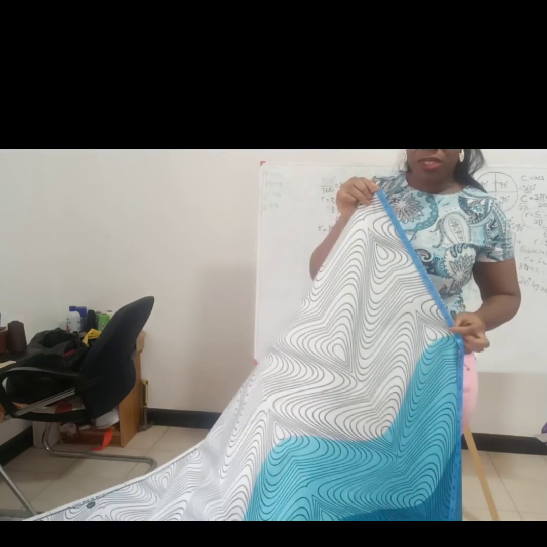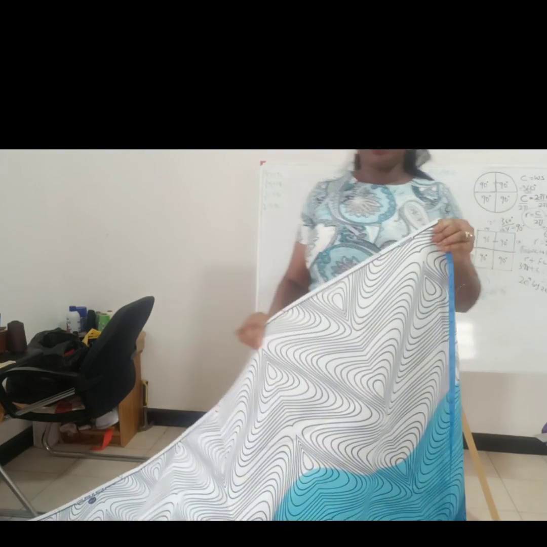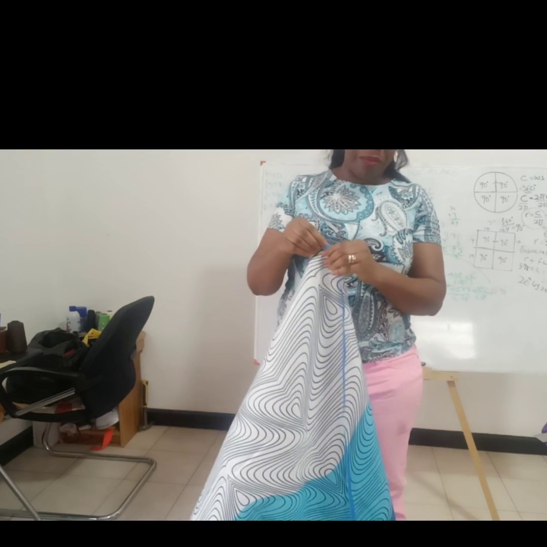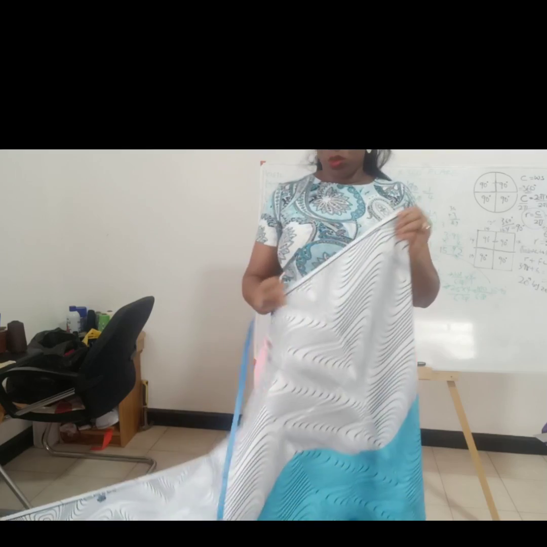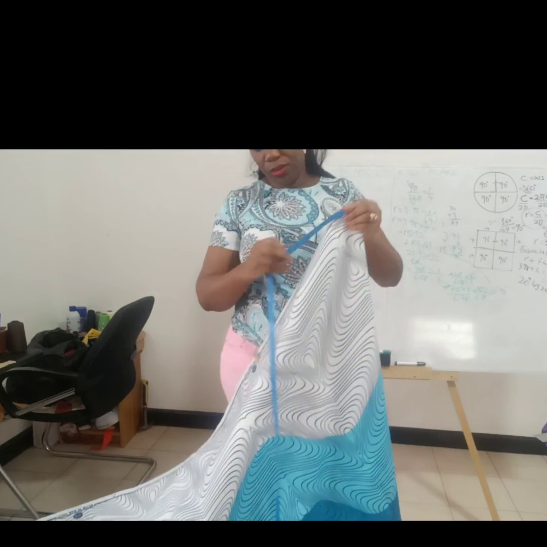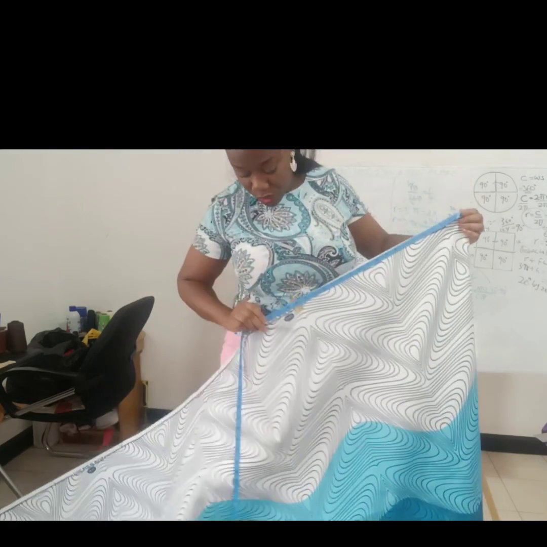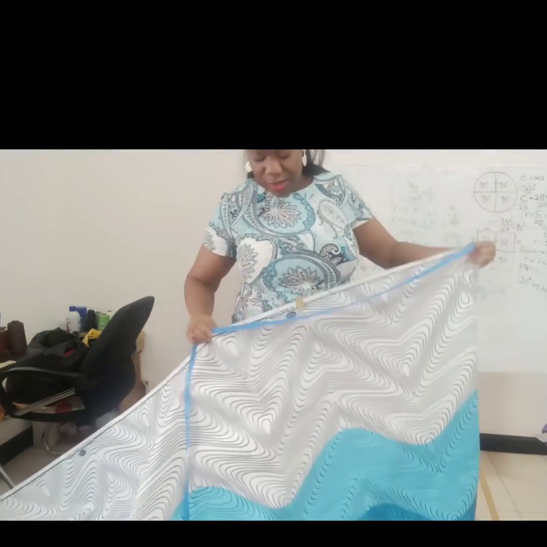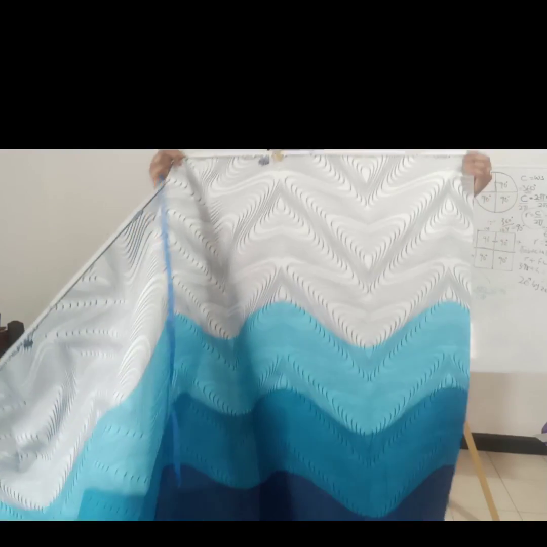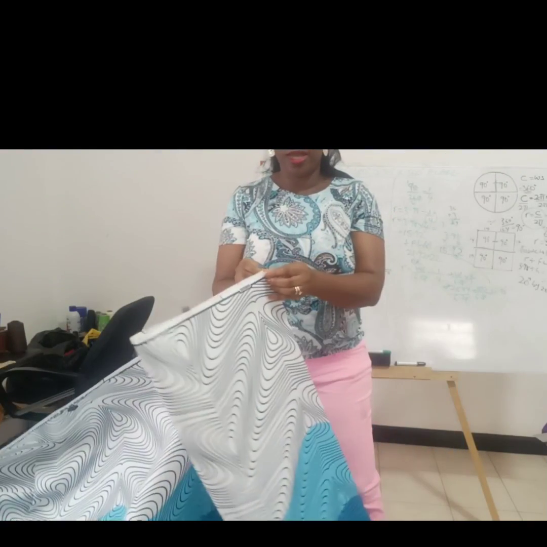Okay, you measure out 14 here, you measure out 28 here. So after measuring 14 here and 28 here, the side that has 28 is what you are going to fold into two like this.